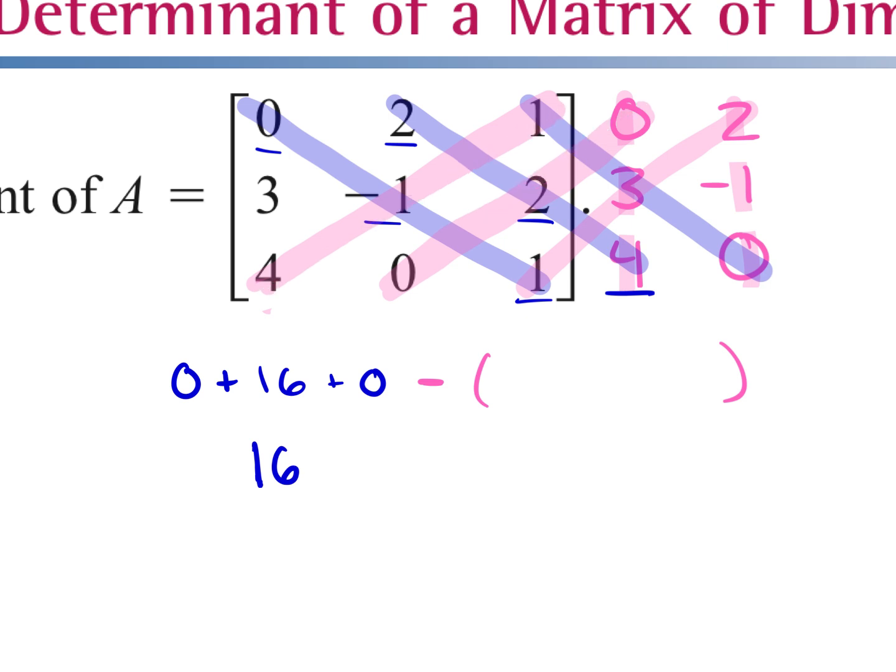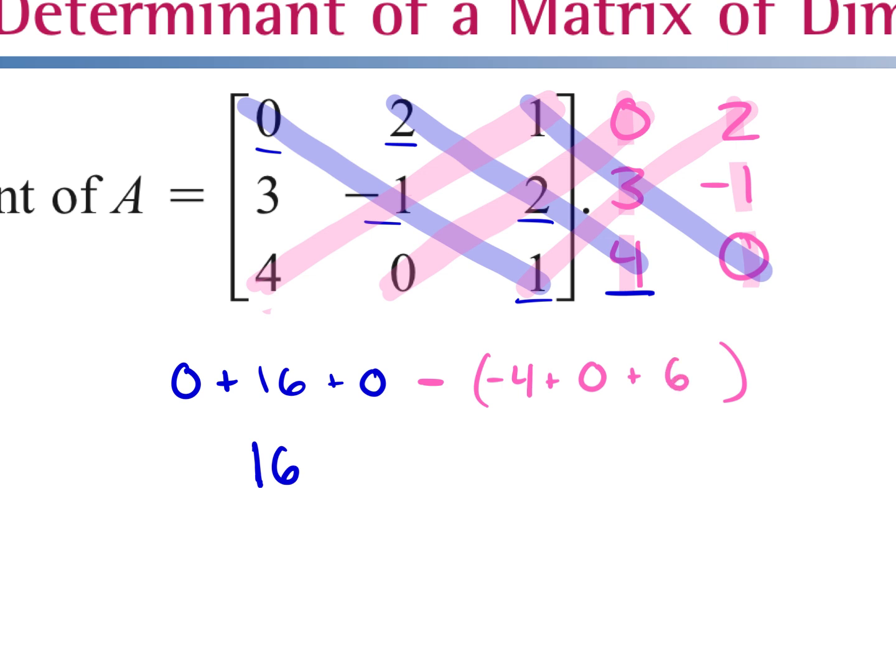So we multiply the 3 numbers in each minor together. What is 4 times negative 1 times 1? Negative 4. Plus, what's 0 times 2 times 0? 0. Plus, what's 1 times 3 times 2?